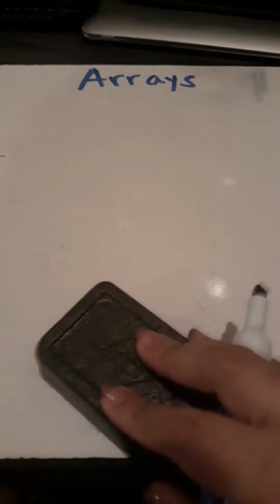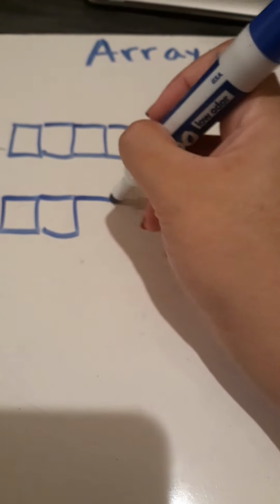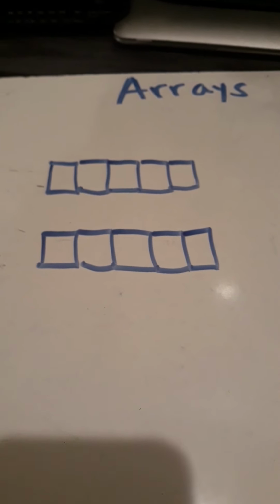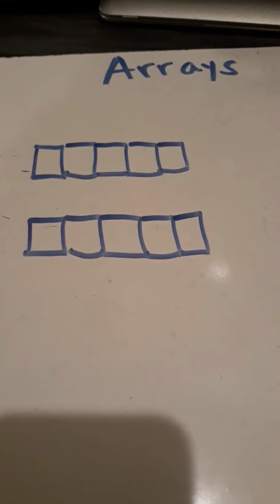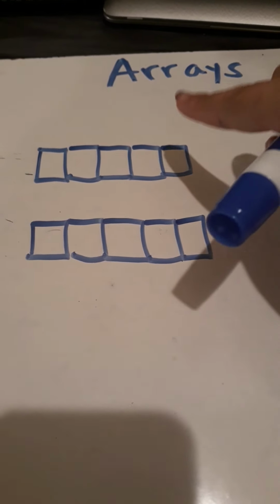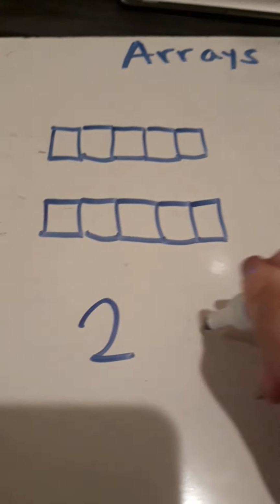Okay, let's try something else. I have 5 blocks here. I'm going to draw another group of 5 blocks. How many groups of blocks do I have? Let's count. 1, 2. 2 groups.